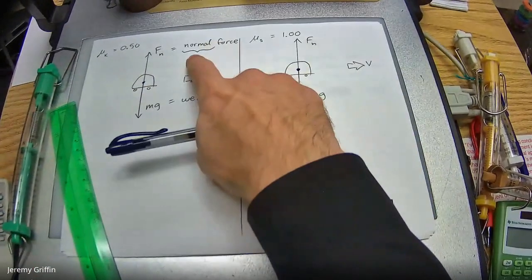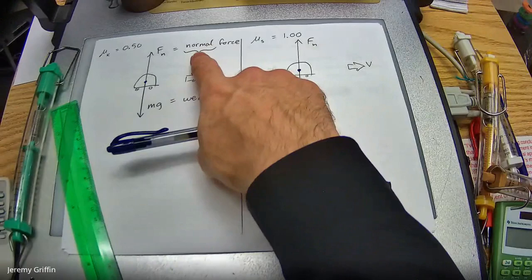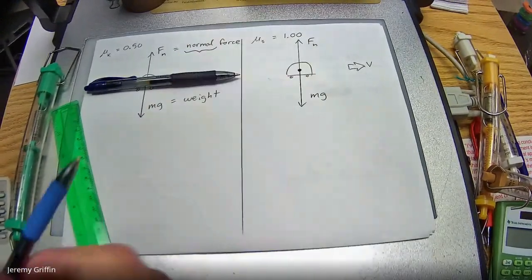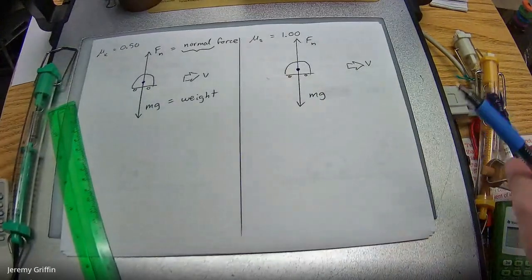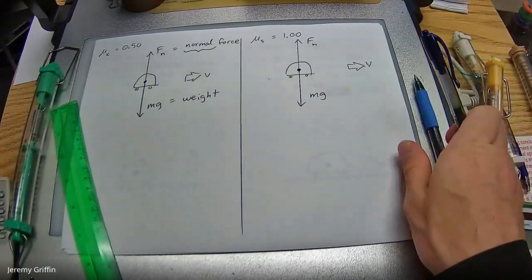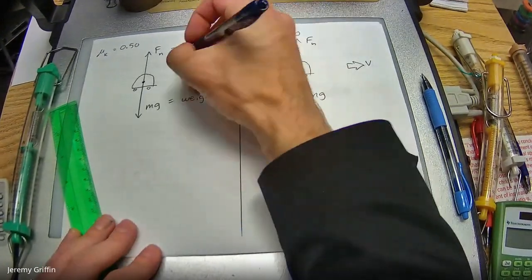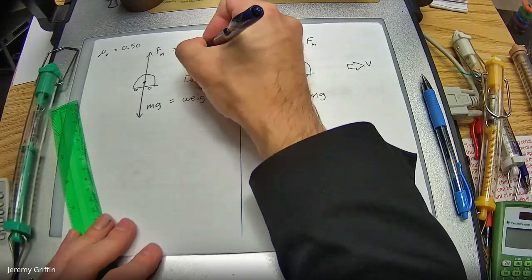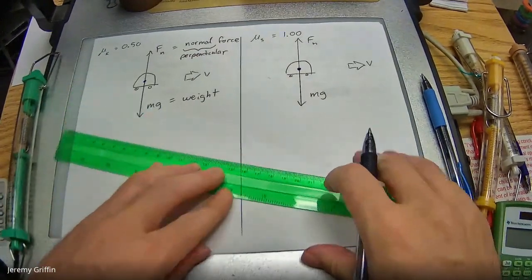Perpendicular, right? So the name of this force literally is the perpendicular force. Perpendicular to the road surface. We have a level horizontal road here, so nothing fancy, but later on we'll go to inclines, and this will still be the case. This is perpendicular to the surface.